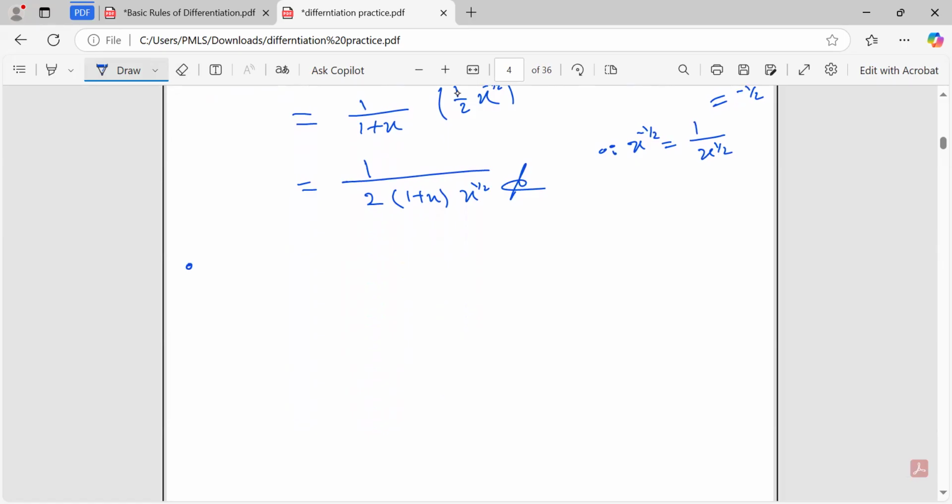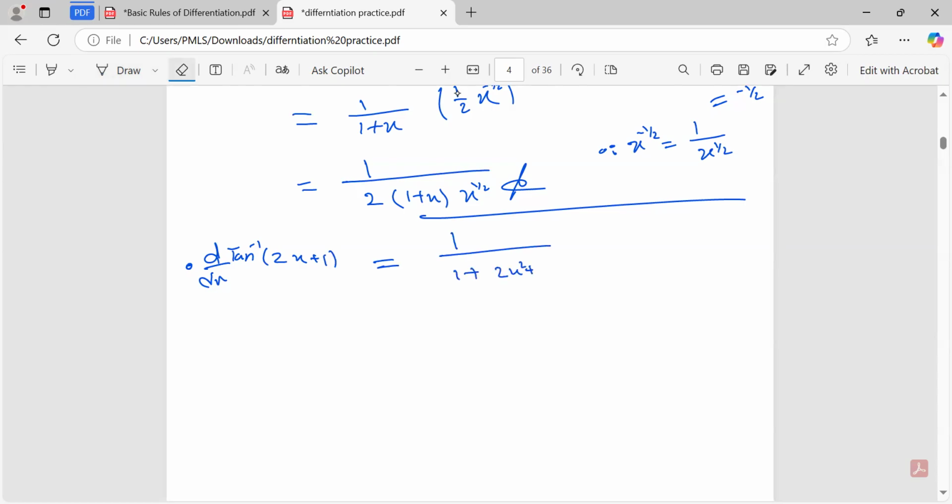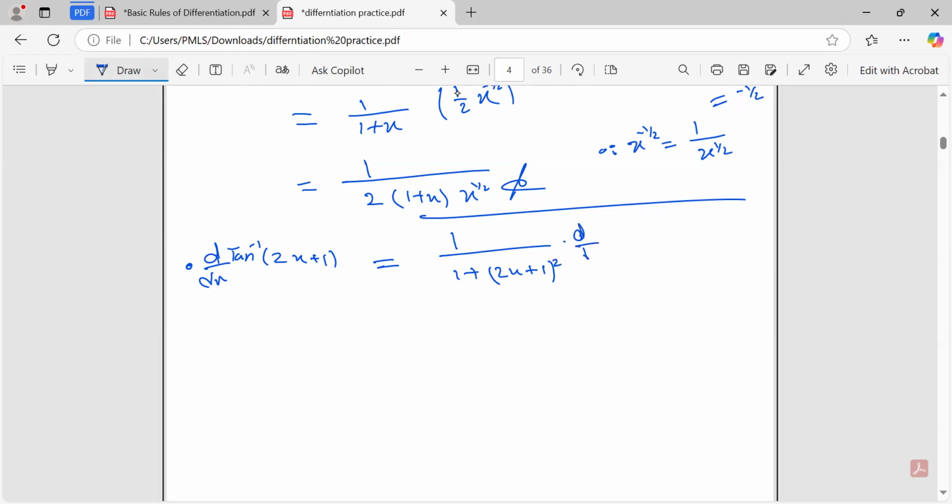If you have something like that, you will apply the same rule, tan inverse, let's say 2x plus 1. In this case, it will again be 1 over 1 plus u square, meaning 2x plus 1 squared. This is not x square, this is 2x plus 1 squared, right? And take the derivative of 2x plus 1.